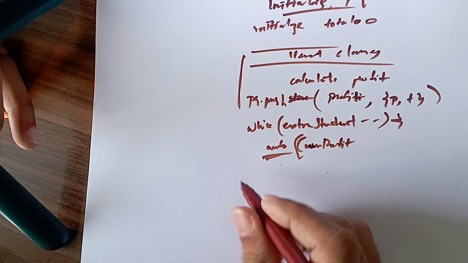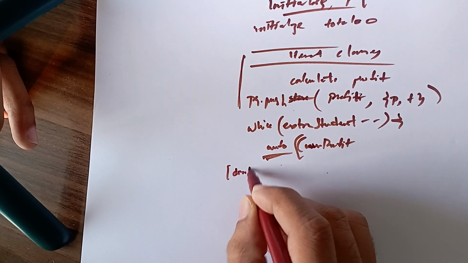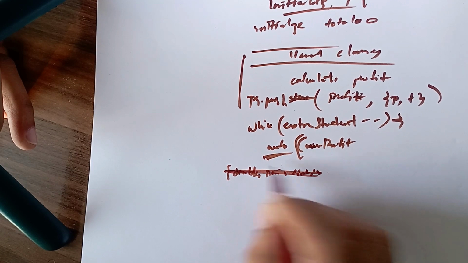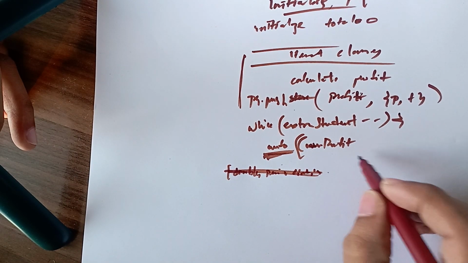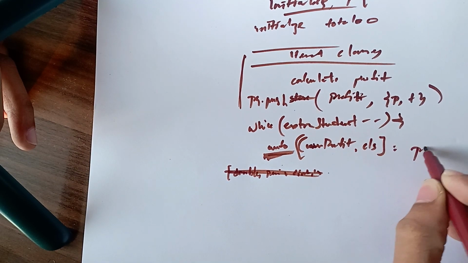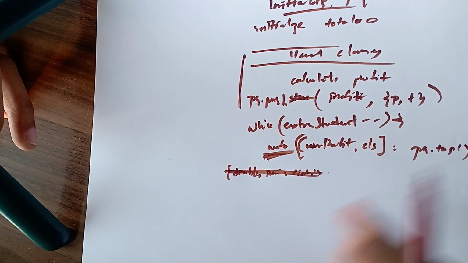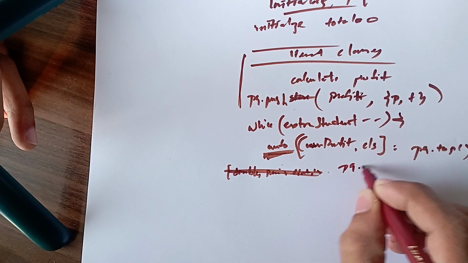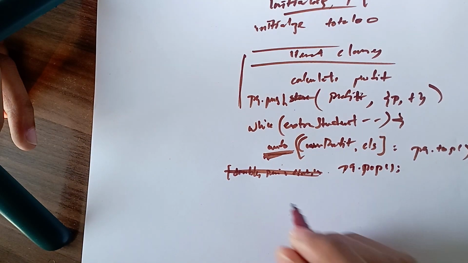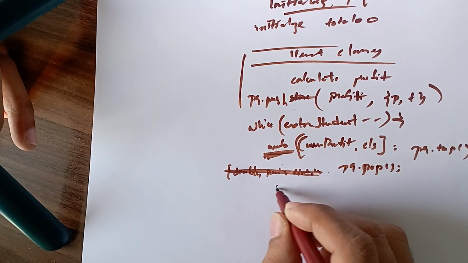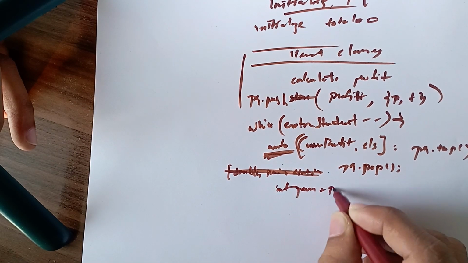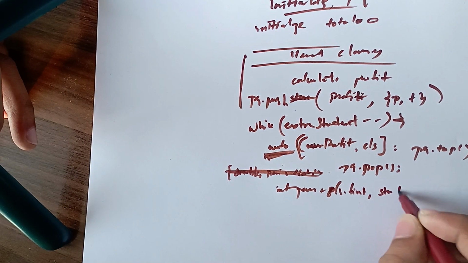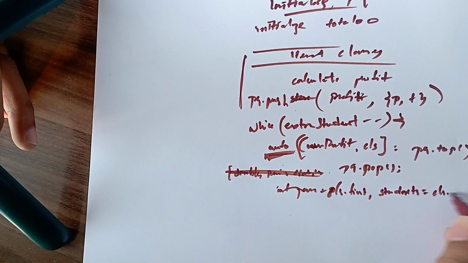Instead of writing double and pair int comma int, we will be directly using auto. It will be pq dot top. We will be taking out the topmost element from the priority queue. Now removing that element, the passing students are class dot first, and the total students are class dot second.